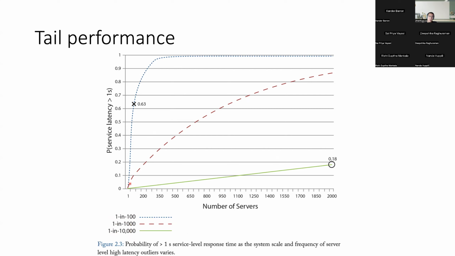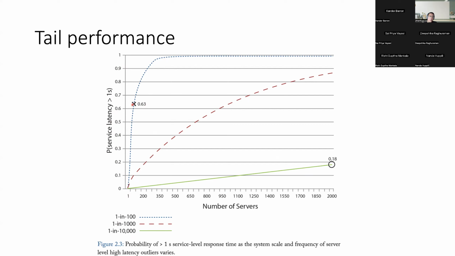But the problem is that if just 1% of your servers may have this high latency, the probability of latency larger than 1 second quickly goes to almost 1.